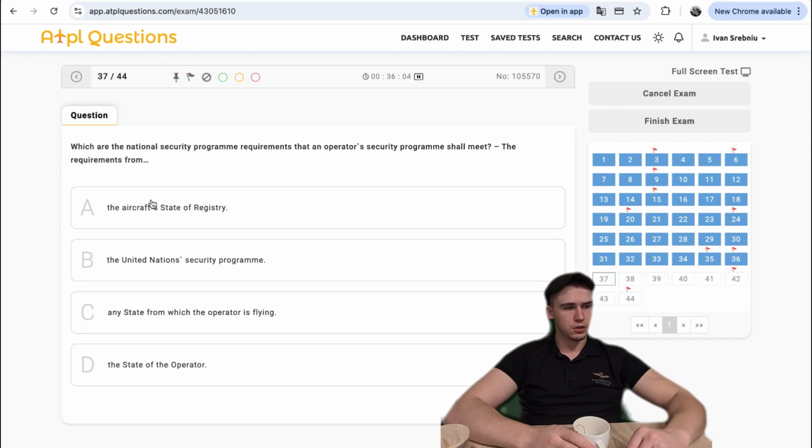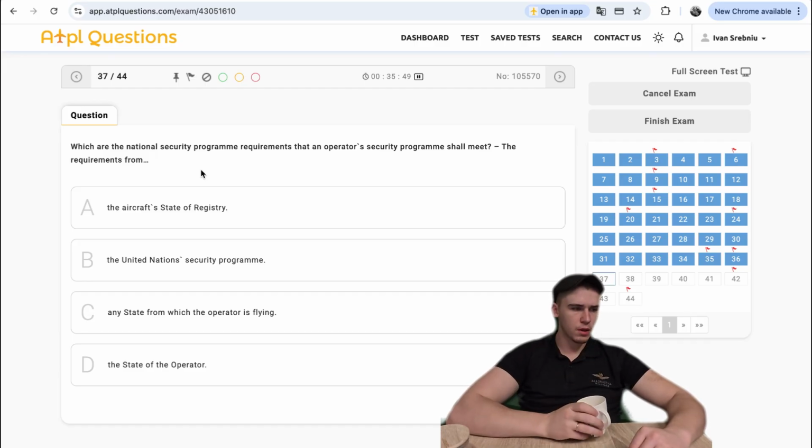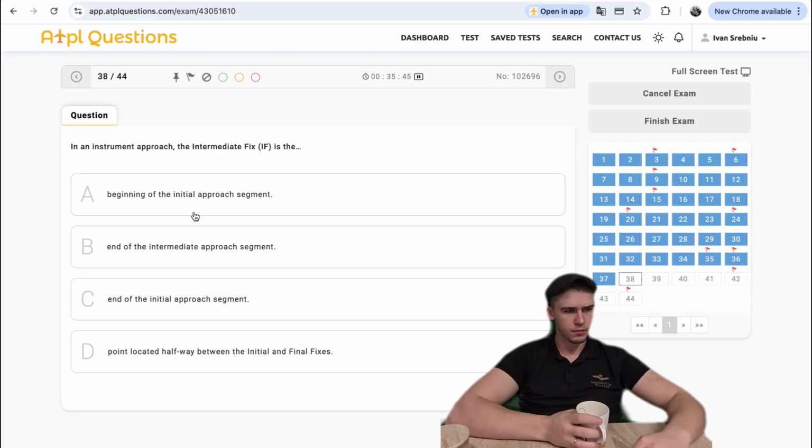Which are the national security program requirements that an operator security program shall meet? The requirements from the State of Registry.